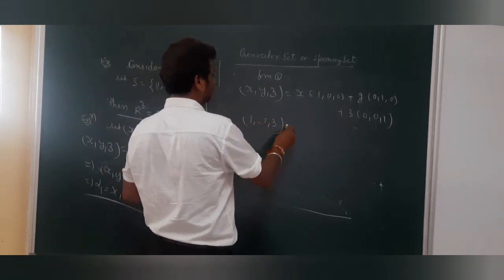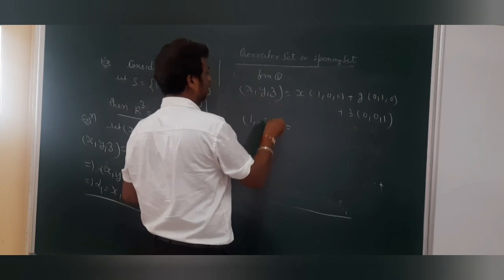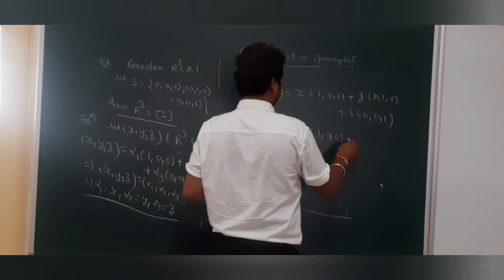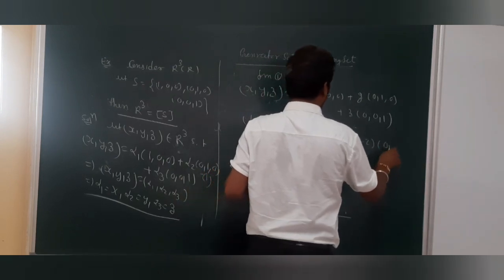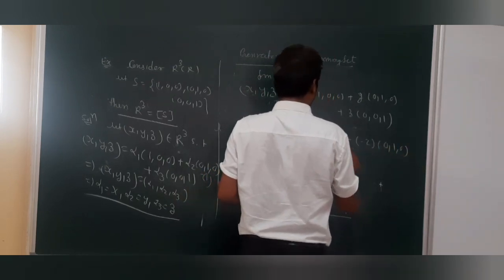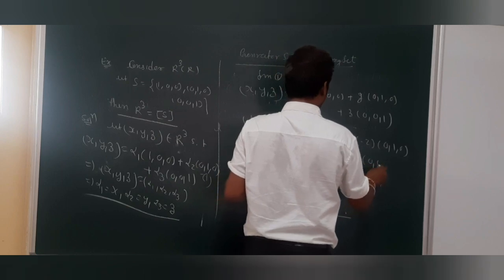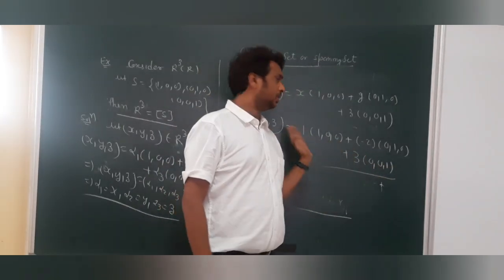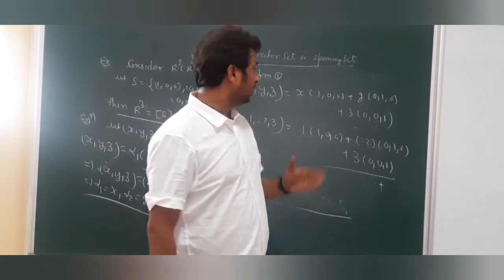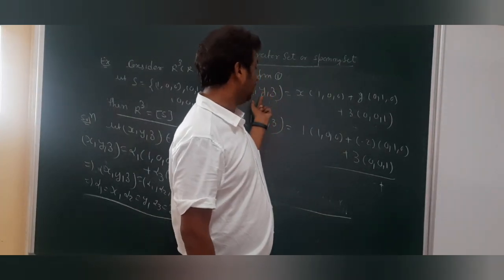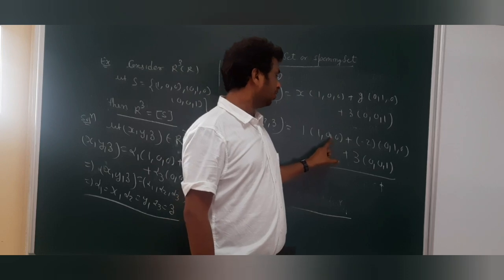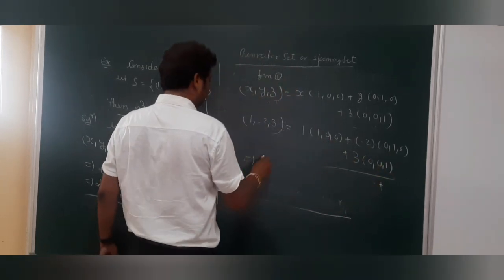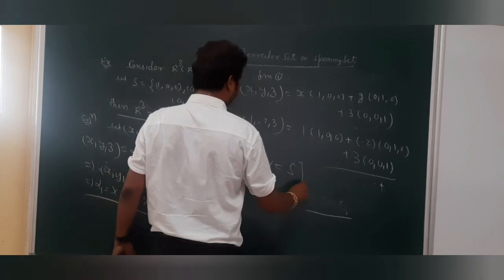So what do you do? Just put the x, y, z values we have: 1 times (1, 0, 0) plus (-2) times (0, 1, 0) plus 3 times (0, 0, 1). So if you multiply and add, you will get this value only. So easily we can write any element of V as a linear combination of (1, 0, 0), (0, 1, 0), (0, 0, 1). It means V is generated by S.